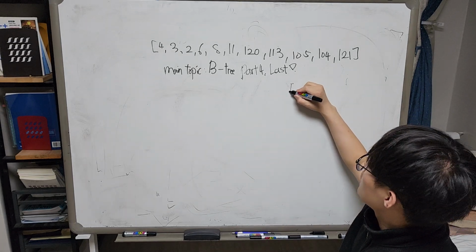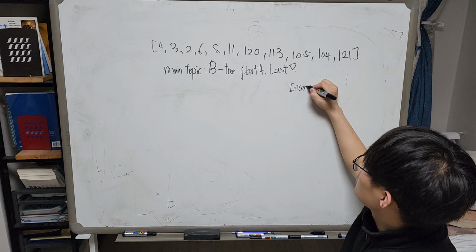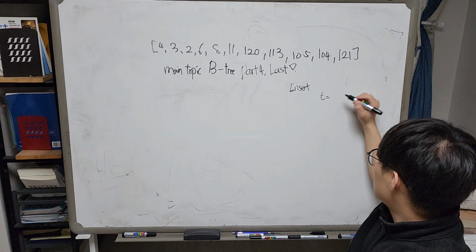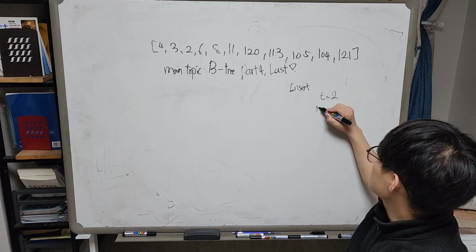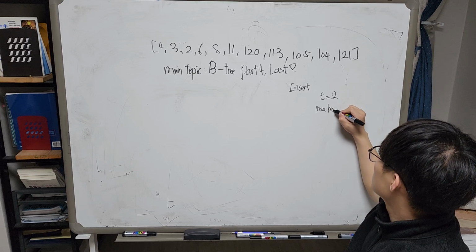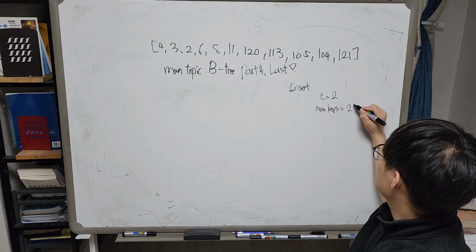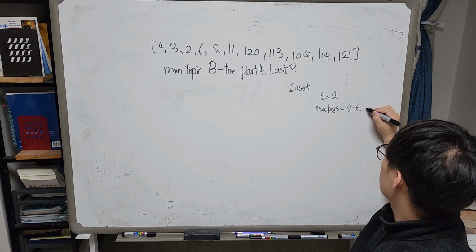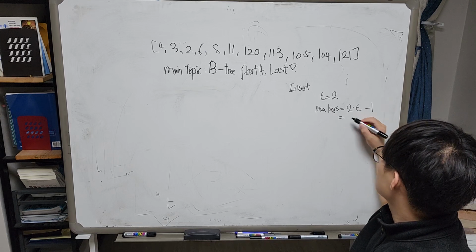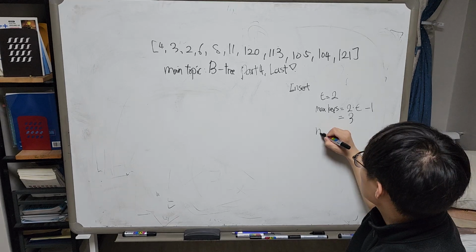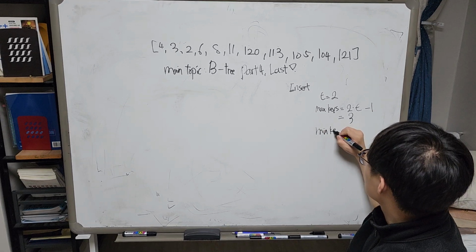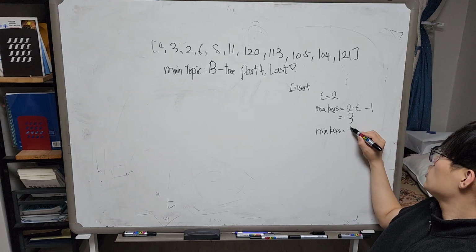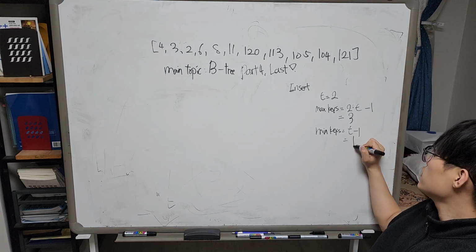First, let's recap the insertion. Let's say the minimum degree is 2. So our max keys is 2 times t minus 1, so it is going to be 3, and the min key is going to be t minus 1, which means 2 minus 1 is actually 1.